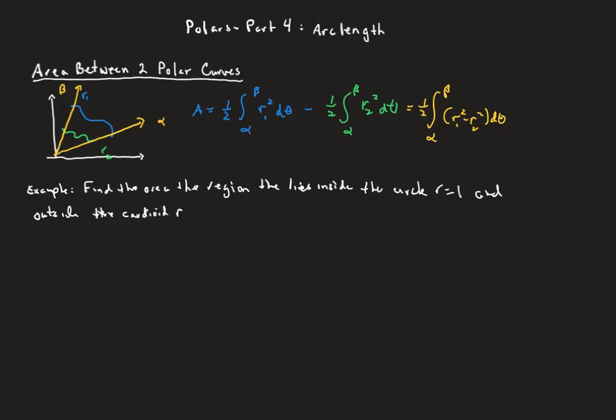The cardioid given by r equals 1 minus cosine theta.